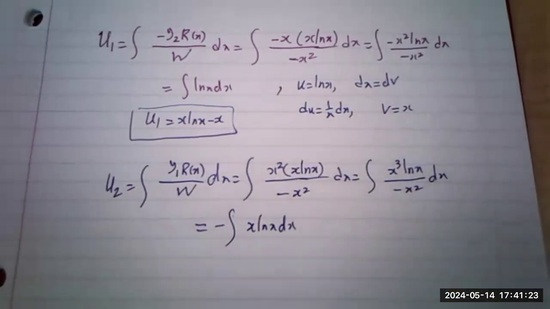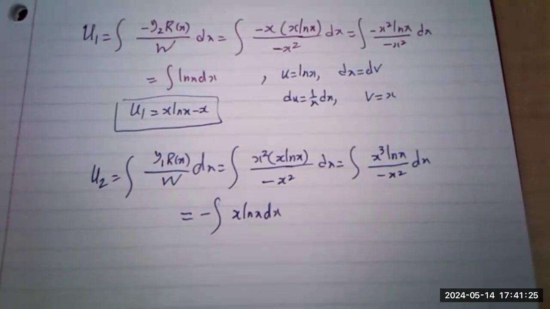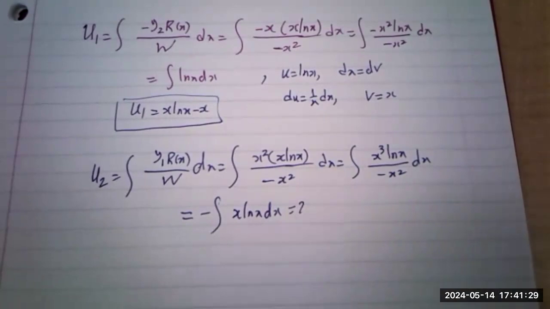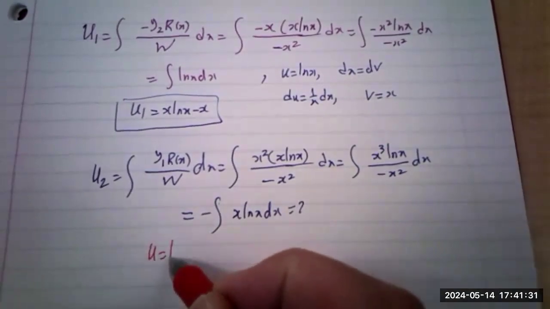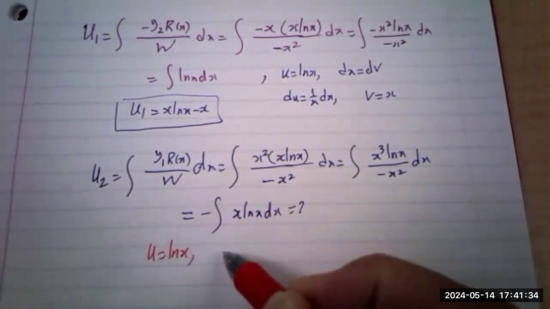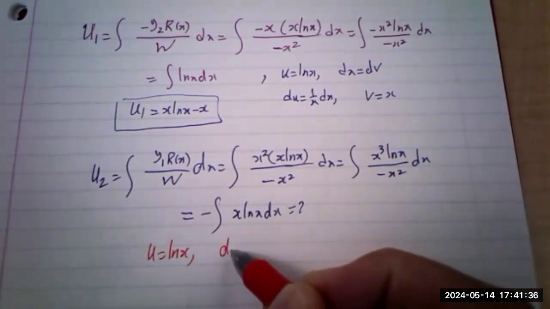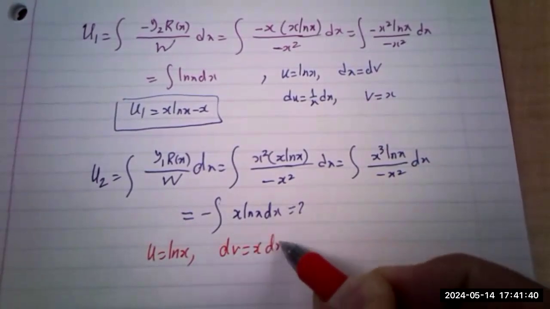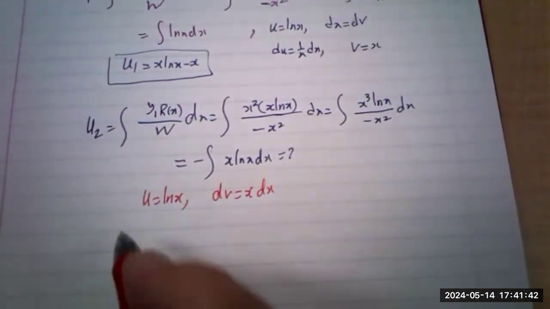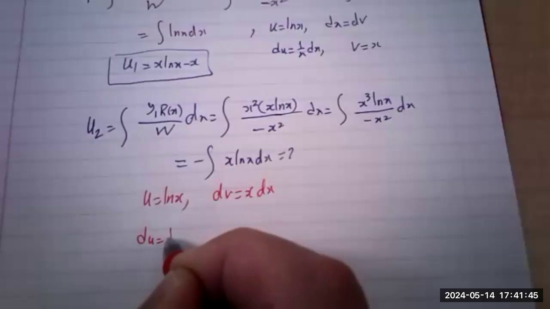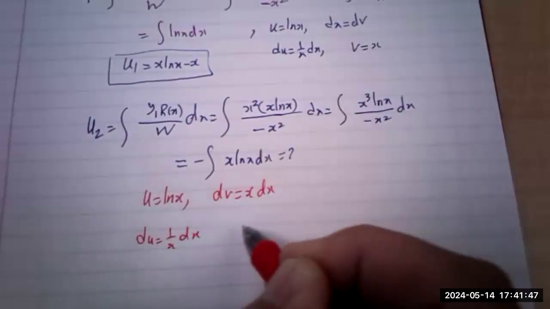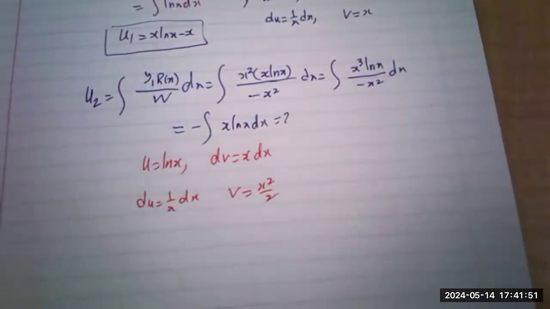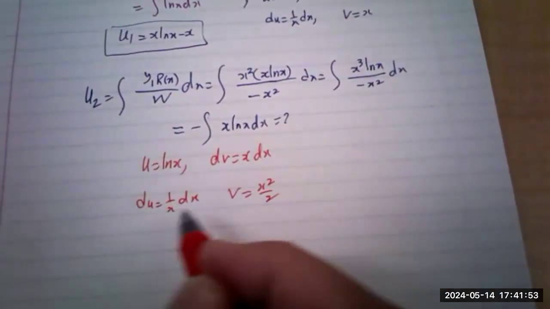Again, integration by parts. Easy to get this one. Again, you have to take u to be ln x. The leftover is dv, which is x dx. Then you find du, which is 1 over x dx, and v, which is x squared over 2. Just the integration by parts form.